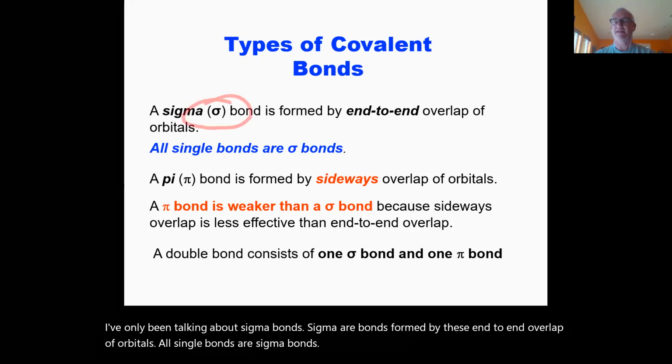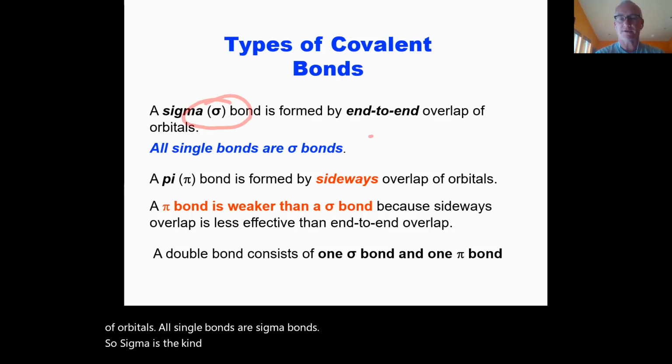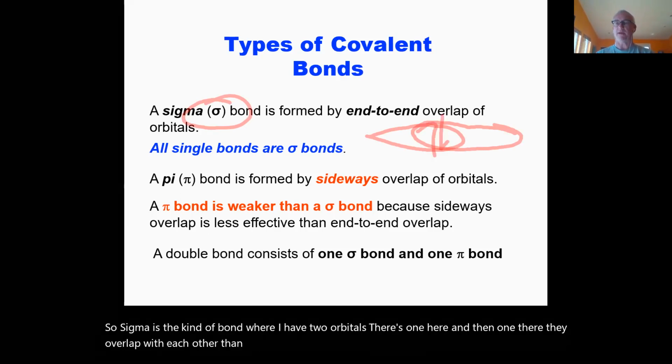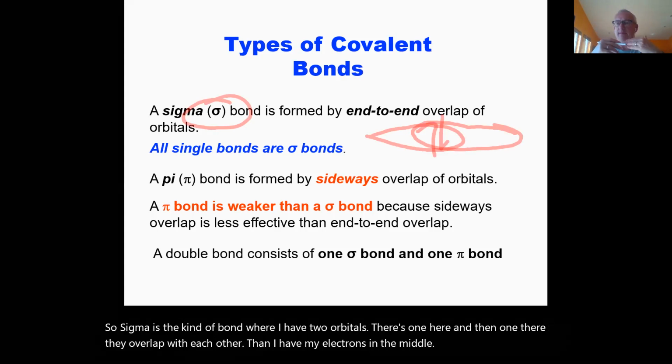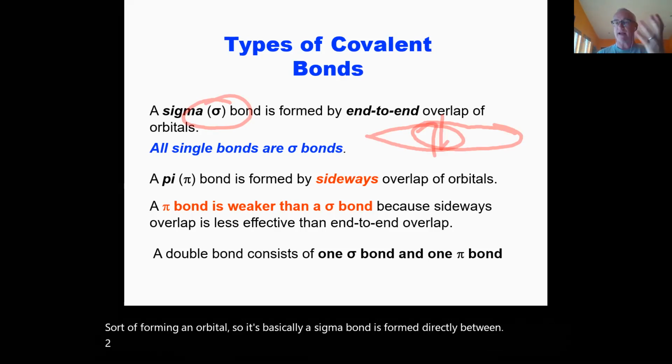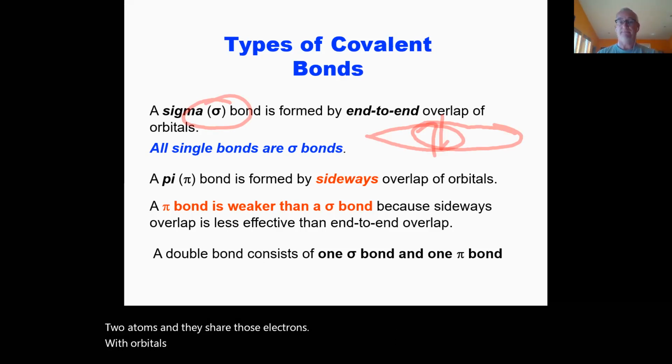So sigma is the kind of bond where I have 2 orbitals, one here and one there. They overlap with each other, and then I have my electrons in the middle, sort of forming an orbital. So basically, a sigma bond is formed directly between 2 atoms, and they share those electrons with orbitals that are directly in between them.